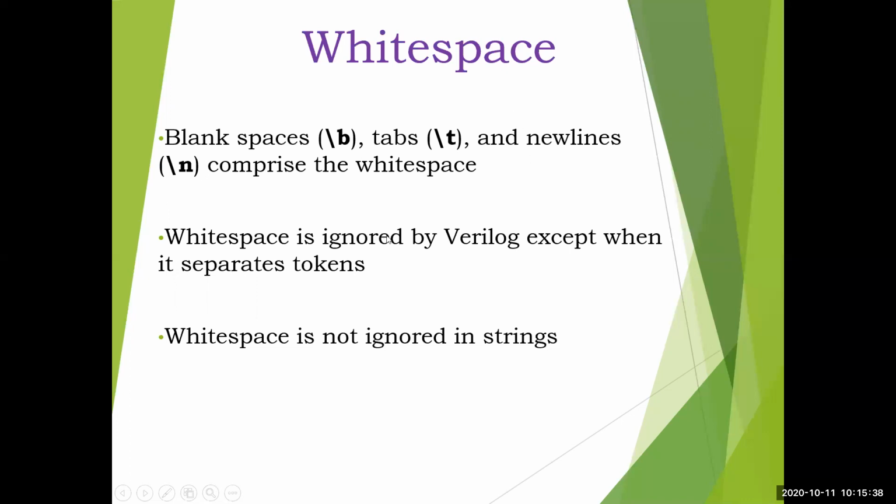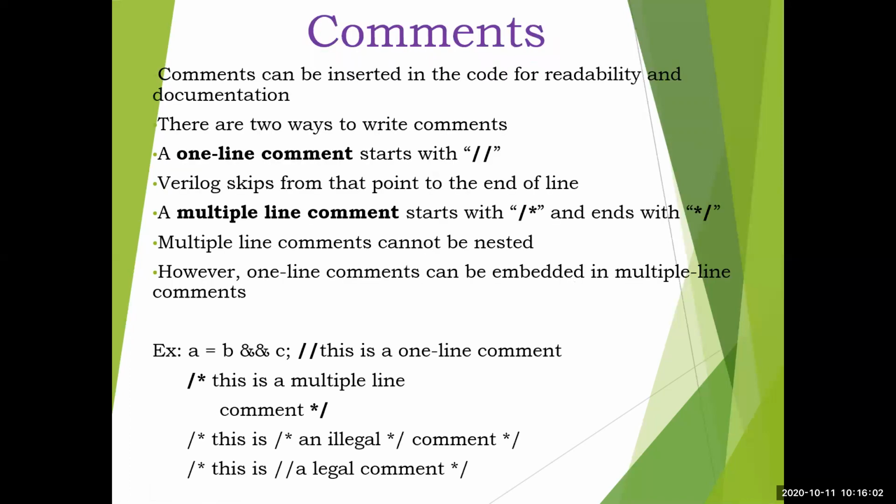White space is ignored by Verilog except when it separates tokens. White space is normally ignored by all compilers, and Verilog is the same. White space is not ignored in strings. When you write a sequence of characters, called a string, the white space is also counted as one character; otherwise it is not considered. So this is about white space.